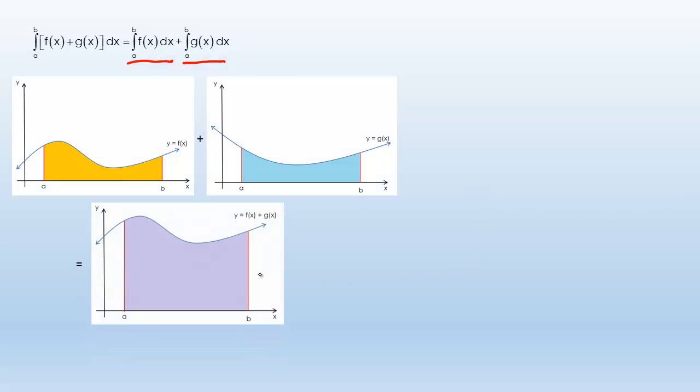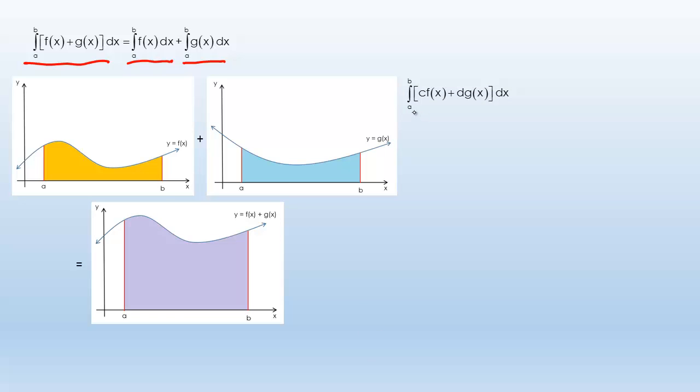If we combine the two functions, f of x plus g of x, then we get this purple type area, and that purple type area is represented by this side. And so what this is telling us is that this area is equal to those two added together.